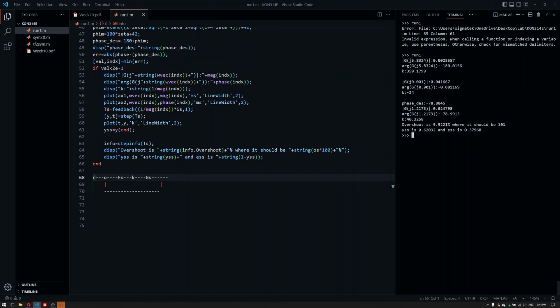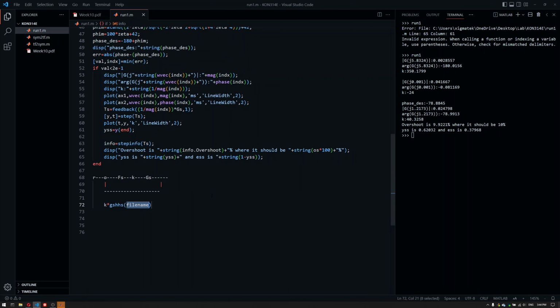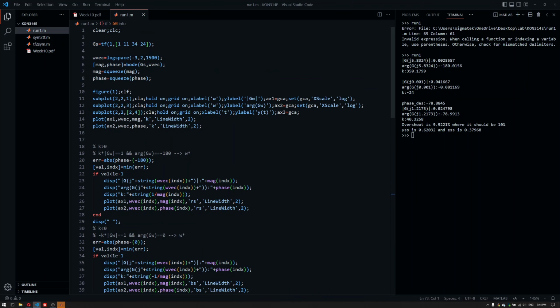If we increase the gain, this will drop down, because you can just use k times GS divided by 1 plus k times GS here. If you plug in s equals 0 using the final value theorem, you look for the gain of the system, which is 24.